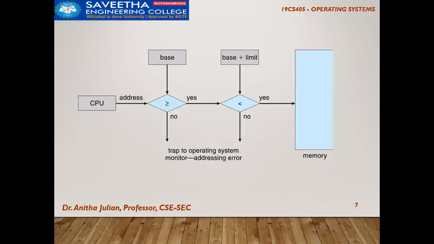So the CPU gets the address, checks the base address, and then checks the base plus limit address. If the process is within these two limits, it is able to locate the process from the secondary memory. So we'll stop here and continue in the next lecture.